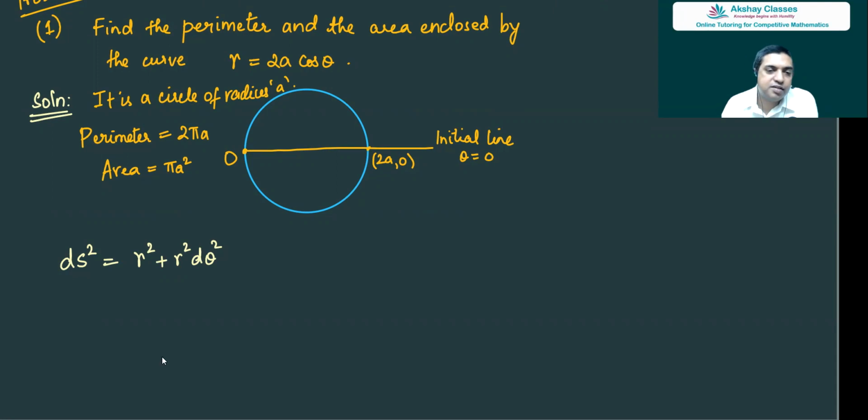So we should remember this. Now, if we have to integrate, this is r, keeps changing, and this is theta. Theta varies from minus pi by 2 to pi by 2. See the curve.